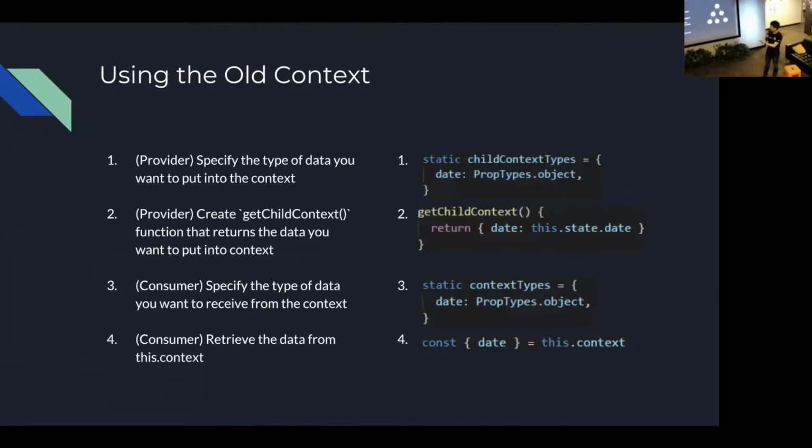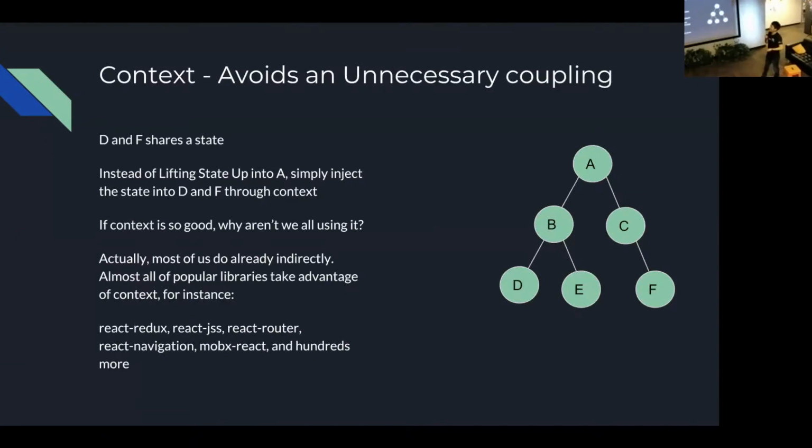Sorry. Before I talk about why this is not good, I need to talk about why this is good. Context is really good because it allows you to avoid unnecessary coupling. In the same situation, D and F share a state.